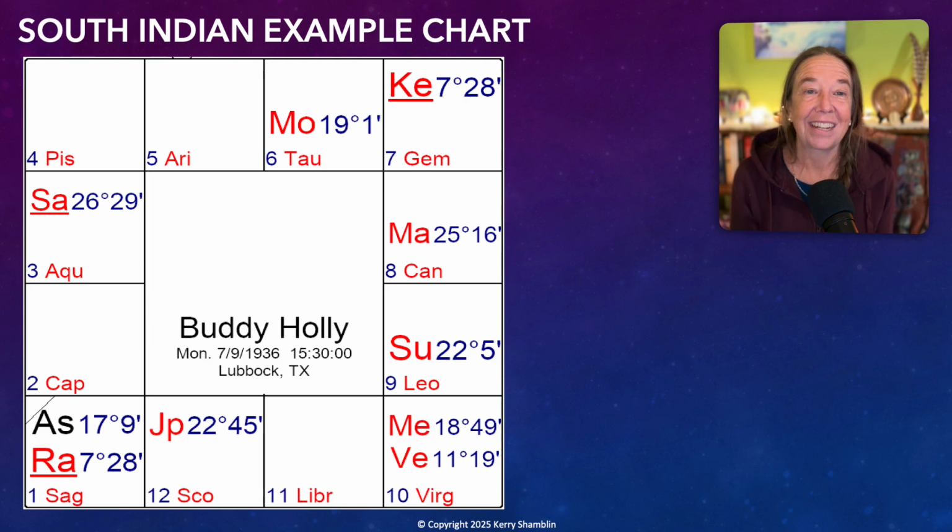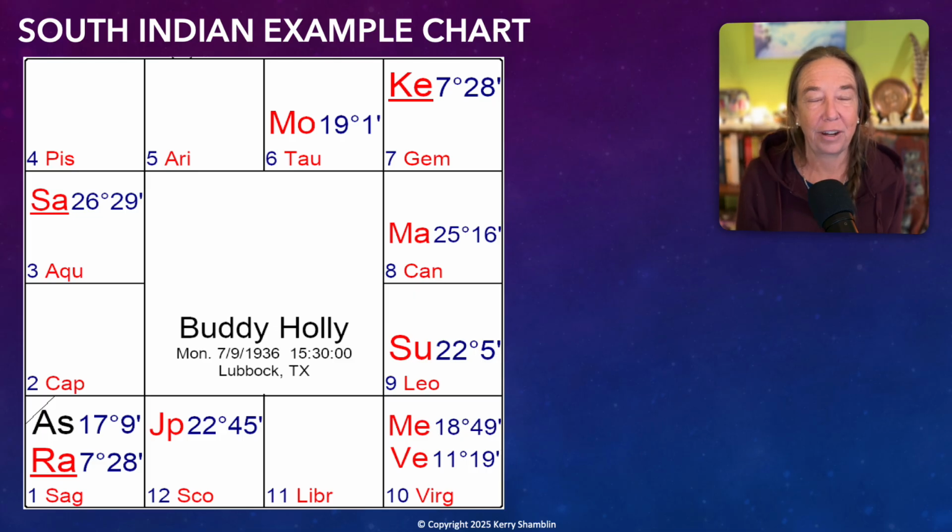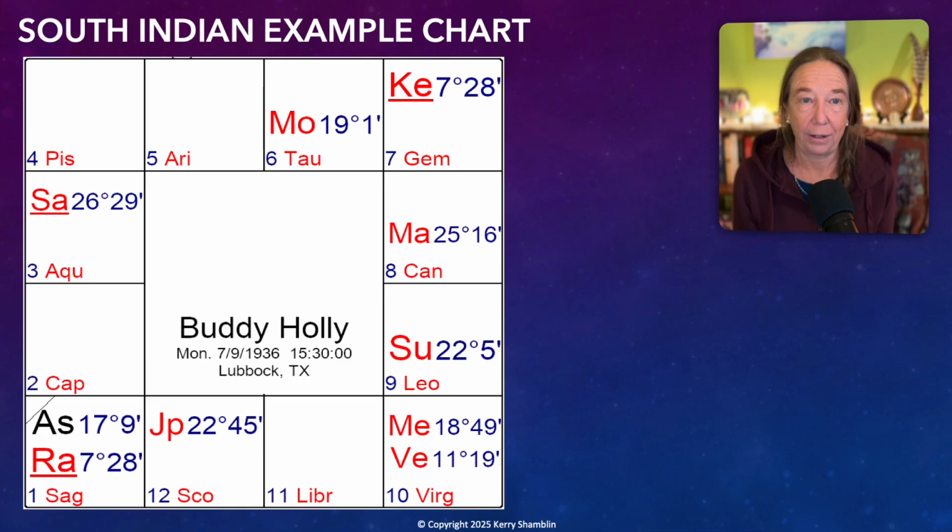in Texas, the sign that was rising, the first house, if you look in the lower left corner of the square, you can see the little line is there. Also AS. AS stands for ascendant. And so his first house is Sagittarius. So I write all of this stuff in.